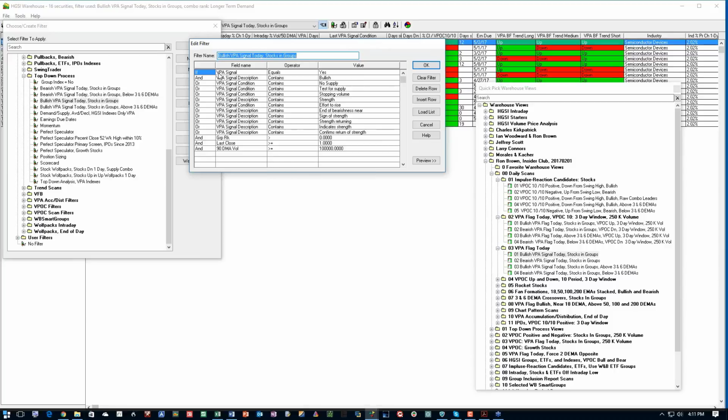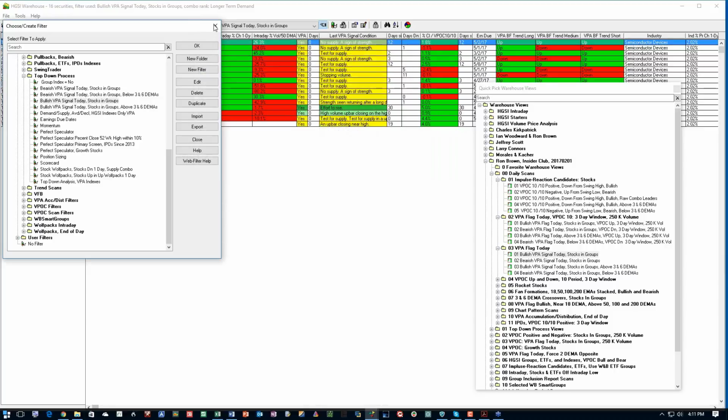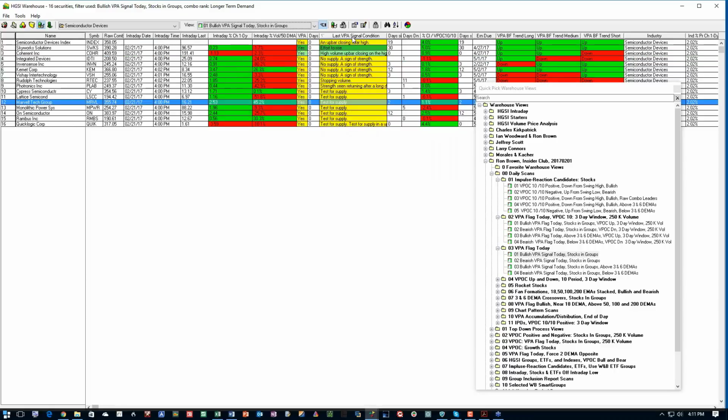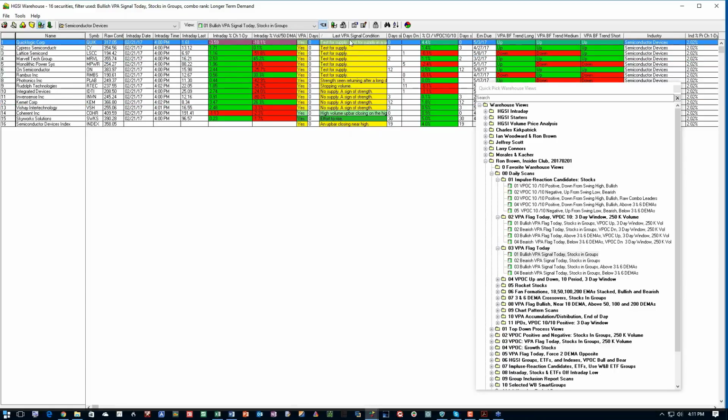So if the VPA signal equals yes, or if it meets any of these conditions, then it shows up through this filter. So I don't get just one condition, I get a bunch of conditions, which is actually a better way rather than just trying to locate one, because I can get a view of everything that happened here. And look at all of these stocks yesterday that had a test for supply.